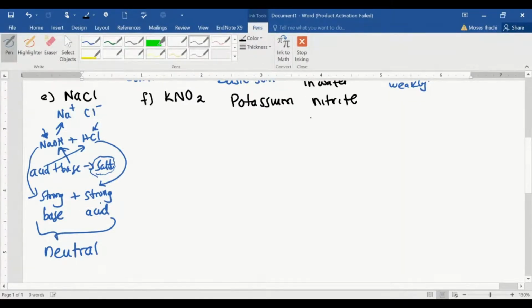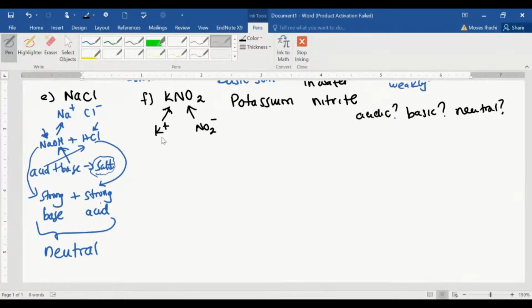Is potassium nitrite acidic? Is it basic? Or is it neutral? Okay, so to do that, we decompose the compound again. That's K plus, and then this is NO2 minus.